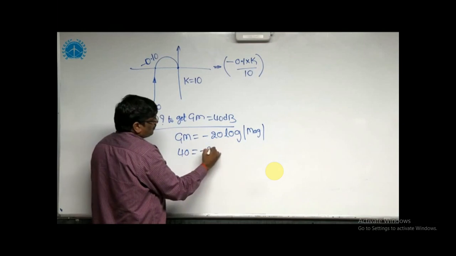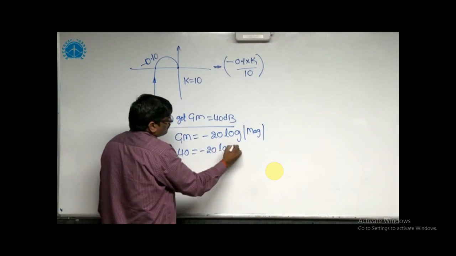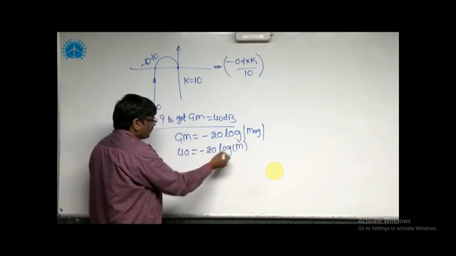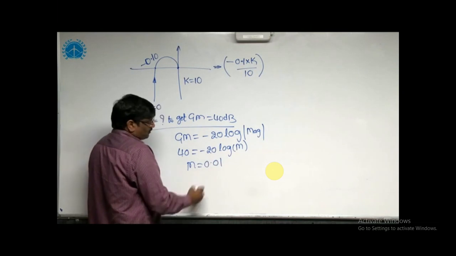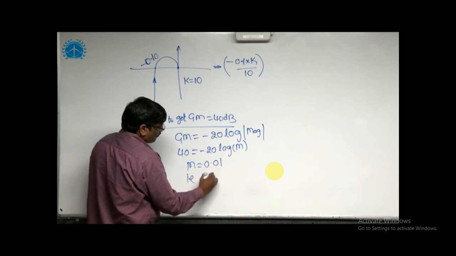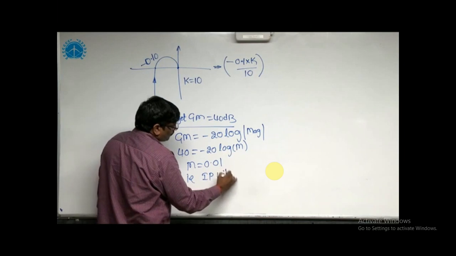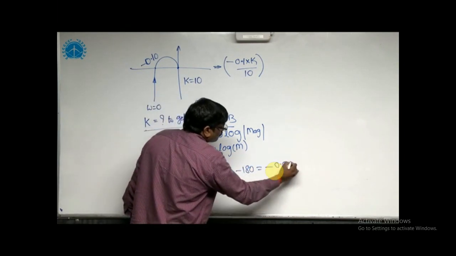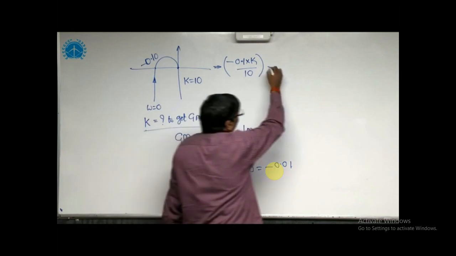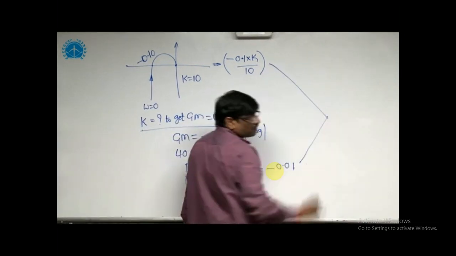40 equals minus 20 log of M. If you solve this, M equals 0.01. That means the intersection point with minus 180 should be minus 0.01. So we make both equations equal.